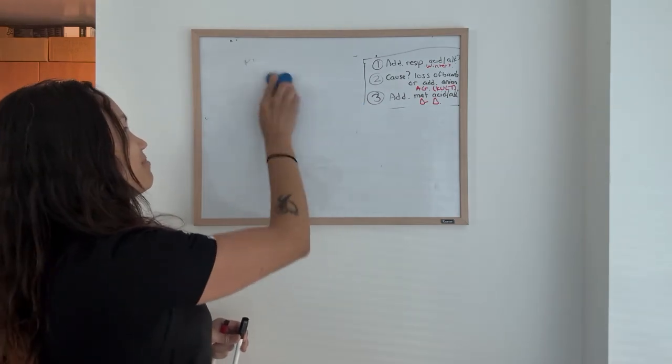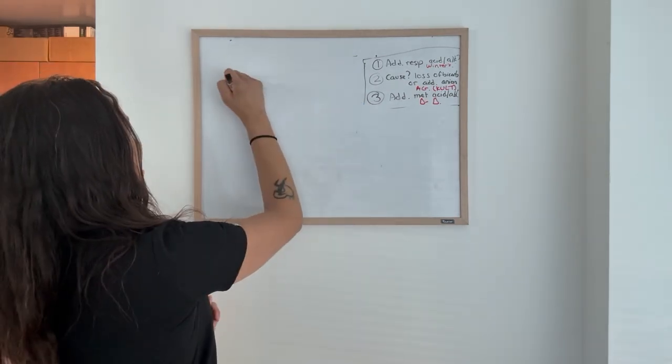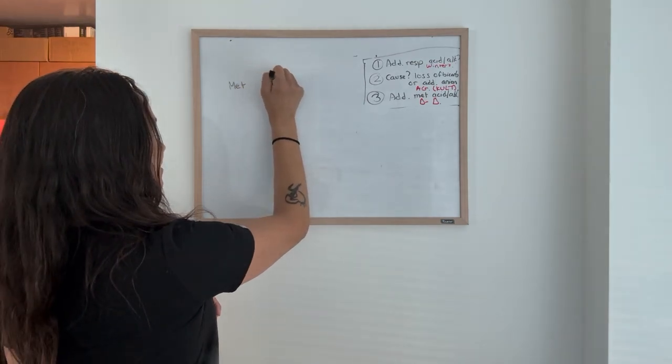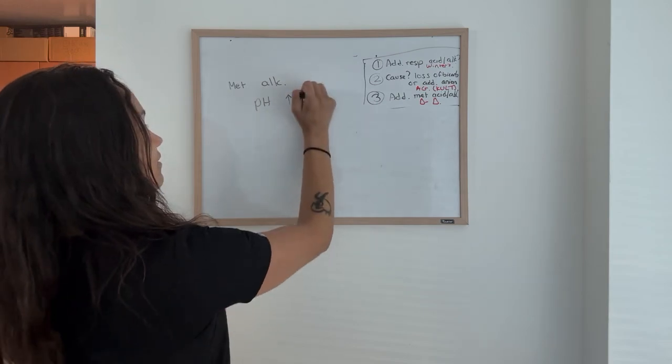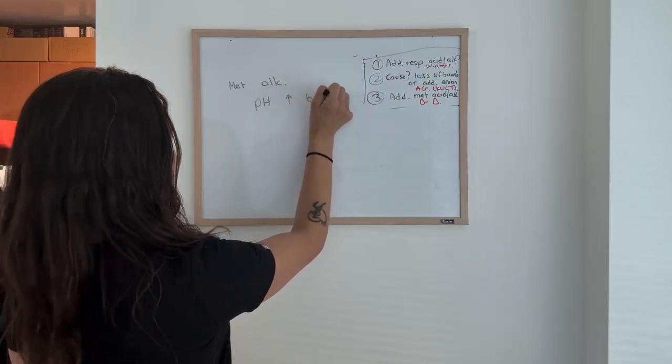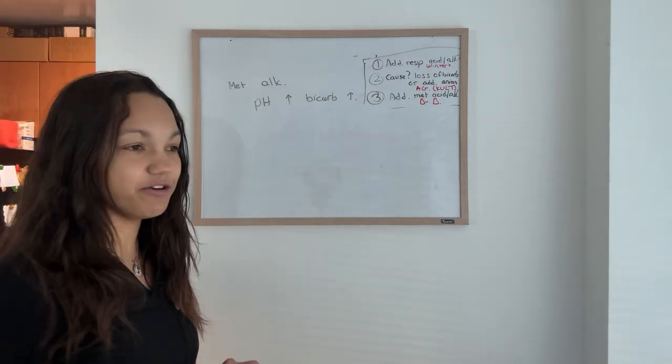I don't know why I did respiratory before my metabolic alkalosis. So metabolic alkalosis, how do you analyze that? So you're alkalemic, your bicarb is elevated. So now I gotta figure out what my expected PCO2 is.